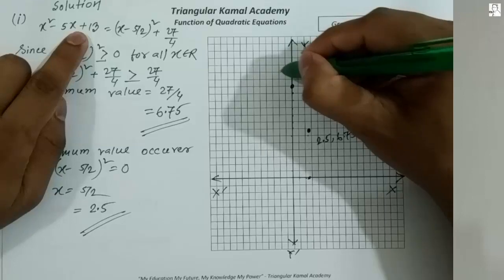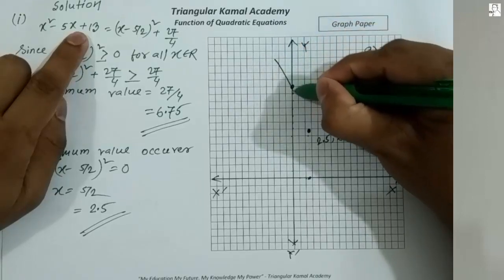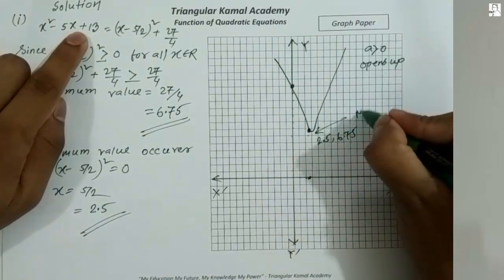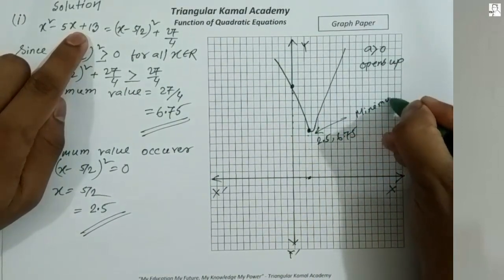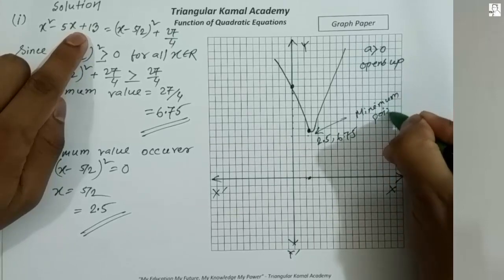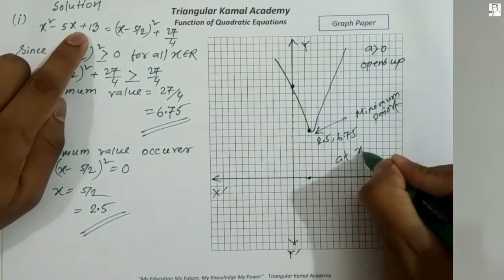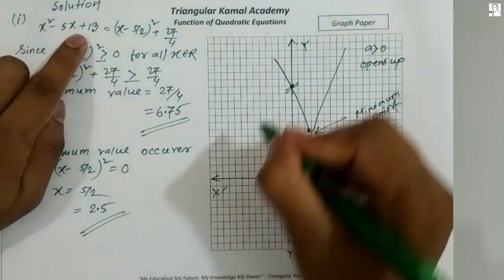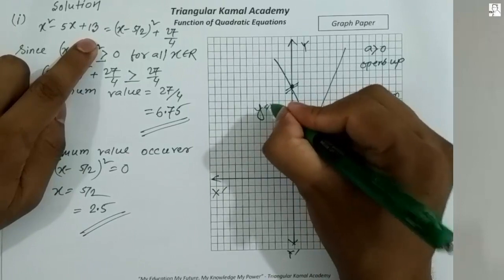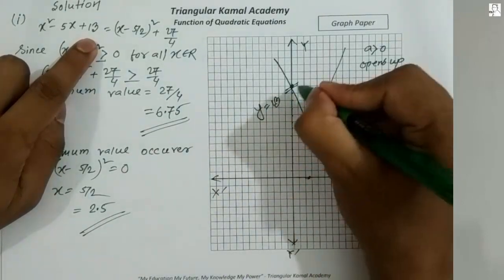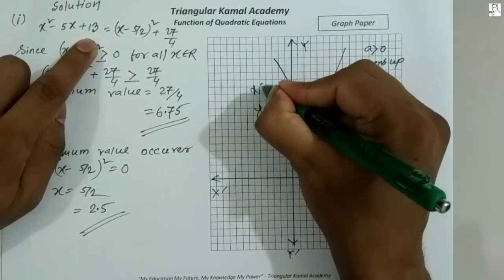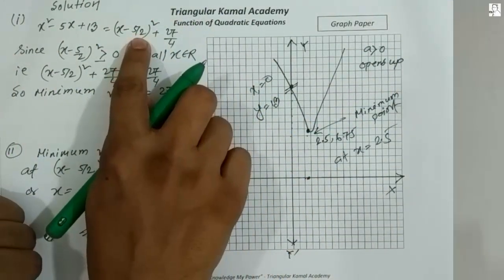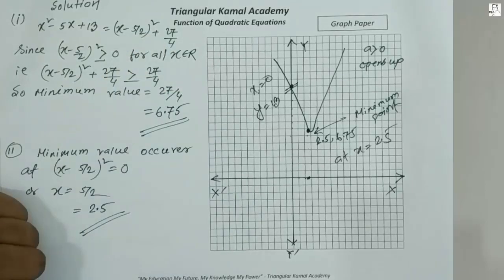So we get here the minimum point at x equals 2.5, and this point is called the y-intercept, that is y equals 13 at x equals 0. You can draw the graph of the parabola using this format, this standard form, by using the vertex of a quadratic equation.